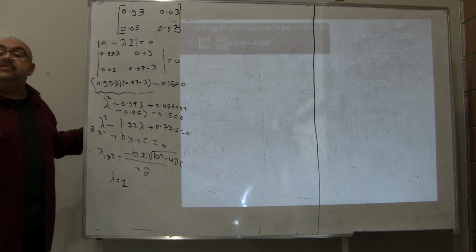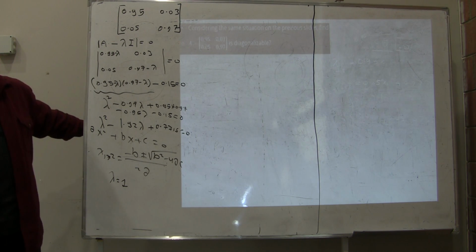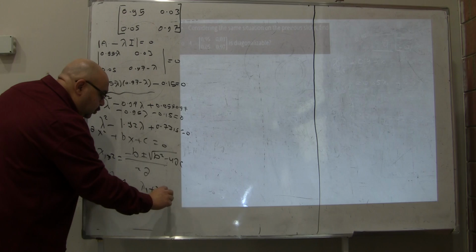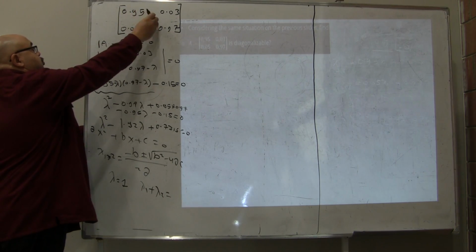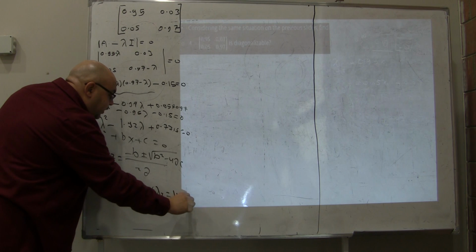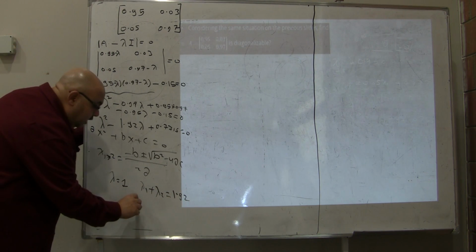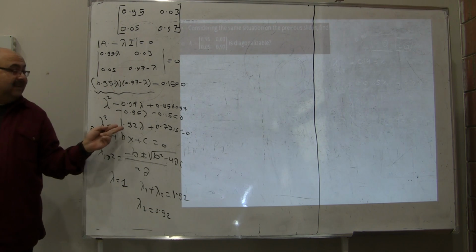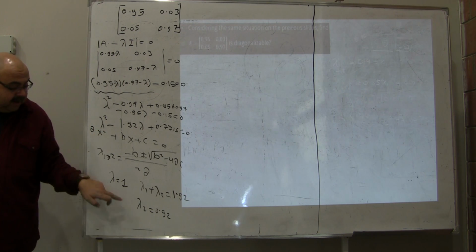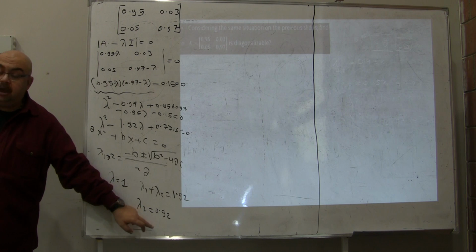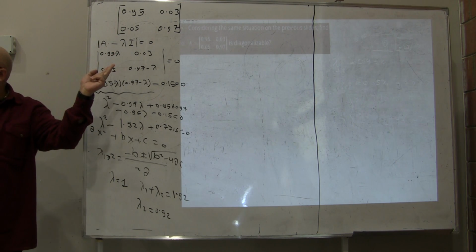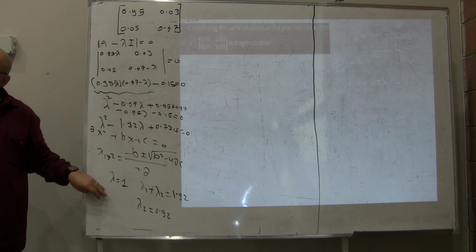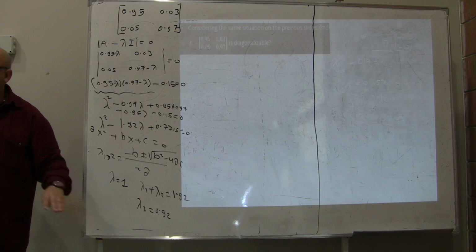Also, the sum of the eigenvalues equals the trace of this matrix. So lambda 1 plus lambda 2 is equal to 1.92, which means lambda 2 will equal 0.92. So the eigenvalues are simply 1 and 0.92.